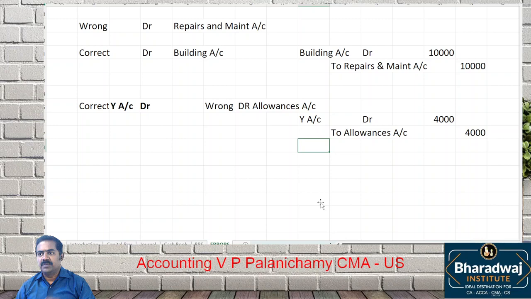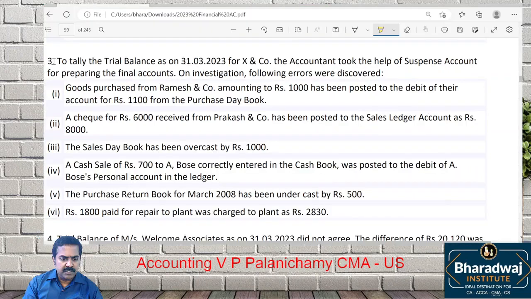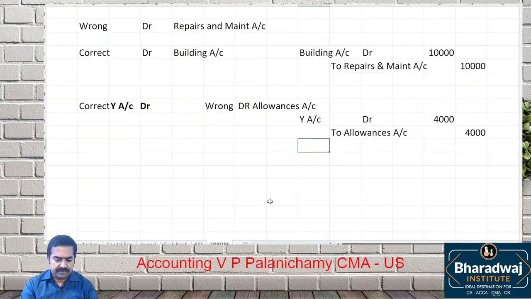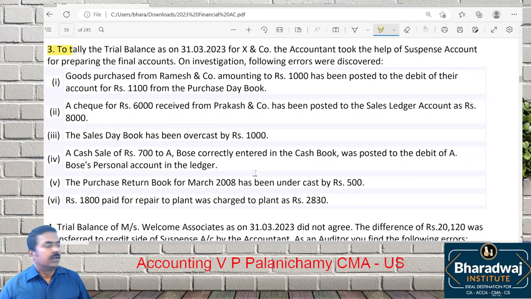Question number 3. You are going to work out question number 3 after a break of about 10 minutes. To tally the trial balance, the ex-opponent took the help of a suspense account. They opened which account? Suspense account for preparing final accounts.